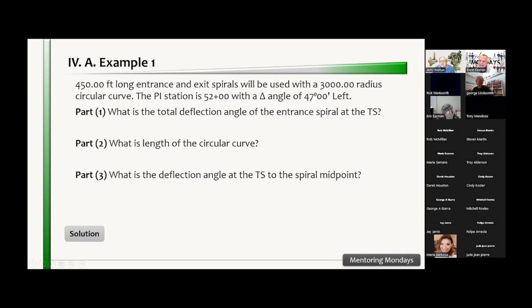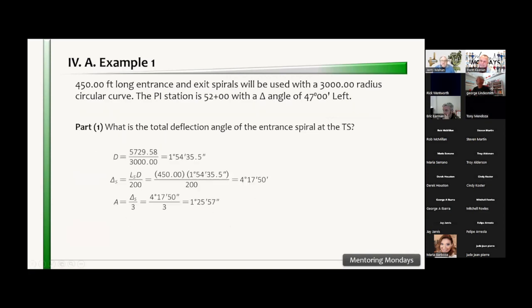Oh, there you go. Derek put in the chat about 417.50. Yeah, for the delta for the central angle. So that's for the central angle. The total deflection angle is 1/3 of that. So that's a spiral angle. Then remember, at the flat end, it's 1/3 of the spiral angle.